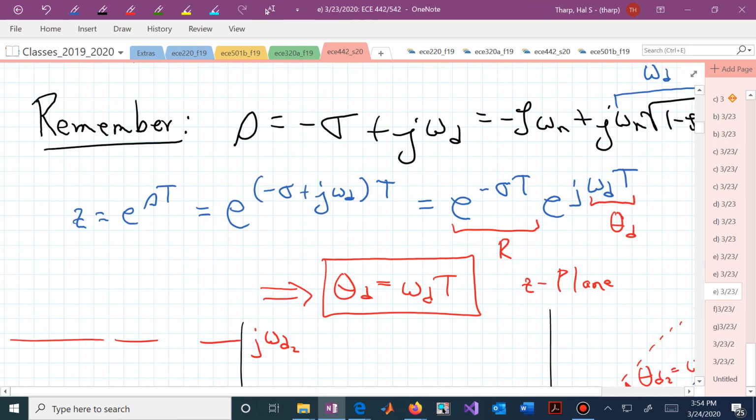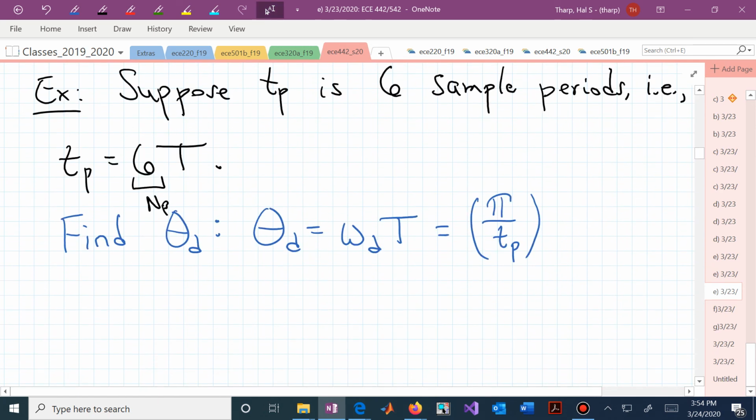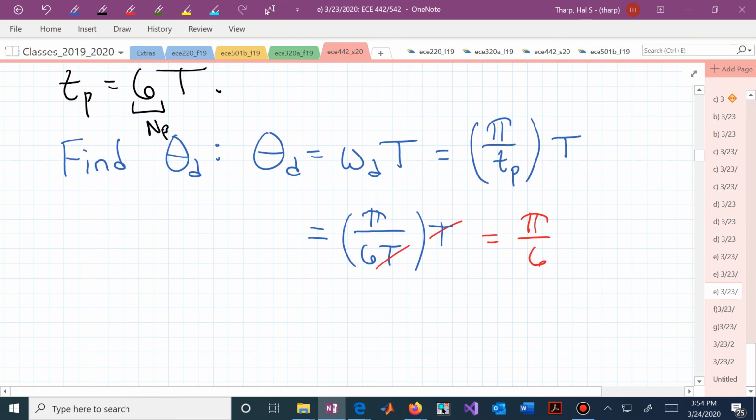This is now times t, and time to peak, we've said, is 6 sample periods. We can now replace t sub p with 6t. The t's cancel, and we're left with theta sub d being equal to pi over 6.